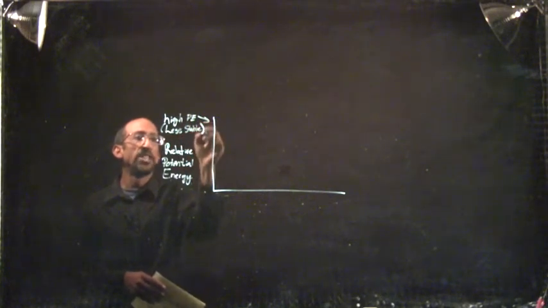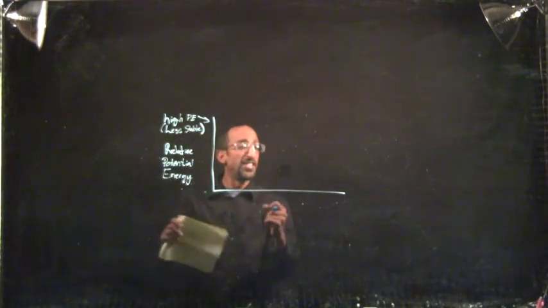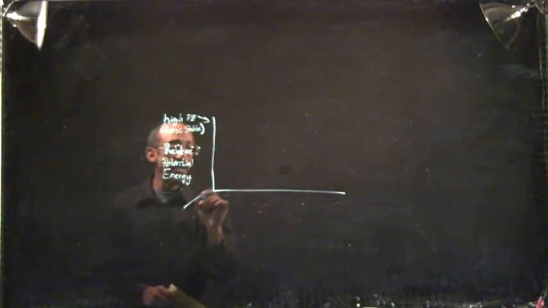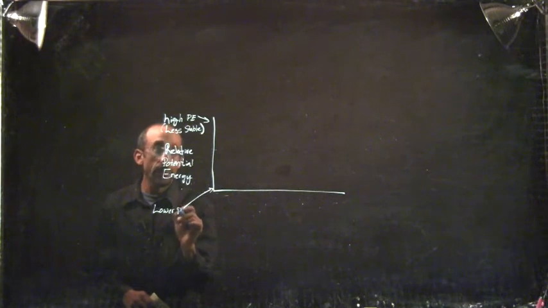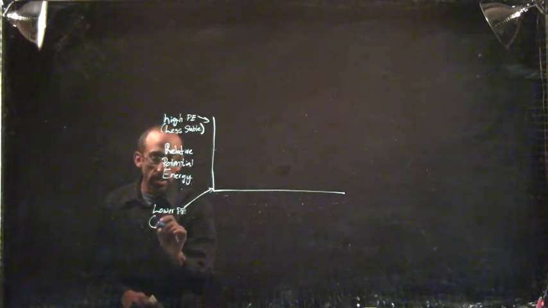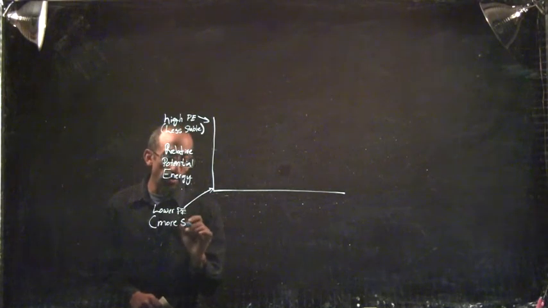I don't like using the word stable. I would think of this as higher potential energy, lots of strain, it's less happy. And the bottom of our y-axis is lower potential energy. The molecule is more happy, but we'll use the technical term more stable.